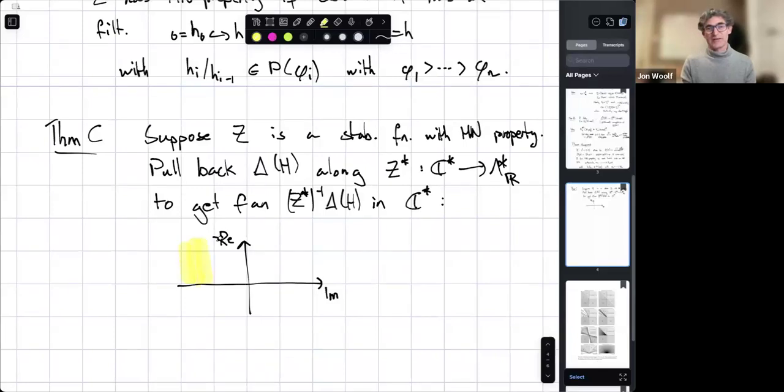And we're interested in the part of the fan that lives in this upper half plane together with the strictly negative real axis. So what we'll see here is basically a bunch of cones. So it's just a 2D fan. So we'll see some rays. And this part of the pullback is the phase diagram of Z.